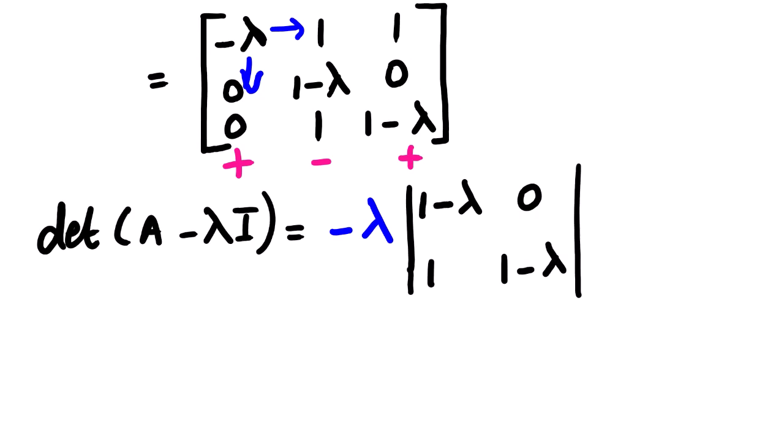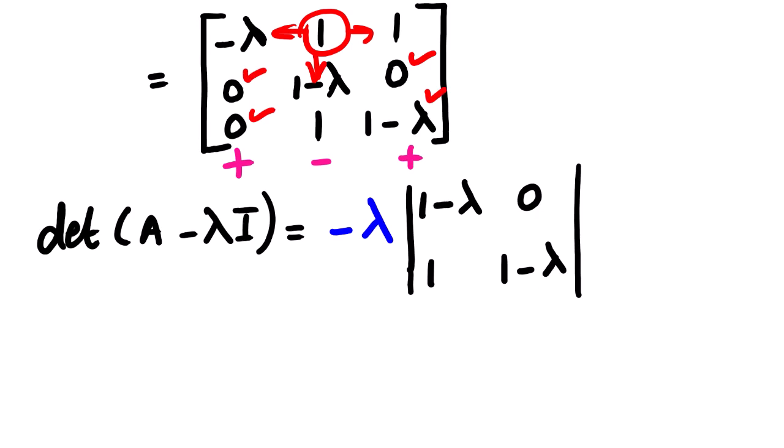Remember, the pattern is plus minus plus. So focusing on the first row, second column, we have this element, and then we take out the first row and second column, and then we have this matrix.